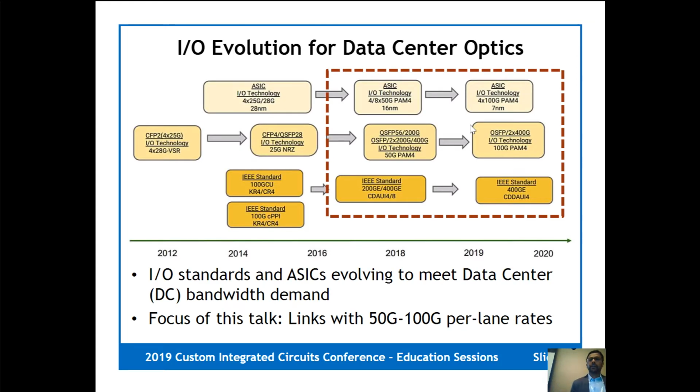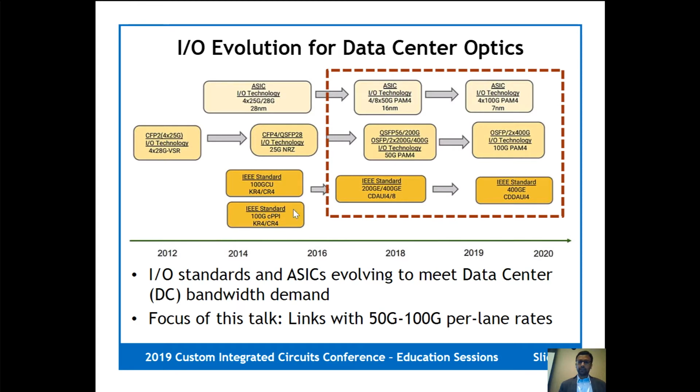So the standards and ASICs have also evolved to meet this increasing bandwidth need. If you looked at 2016 and before 2016, most of the solutions were 28 gig ASIC based, and typically in 28 nanometer or below.